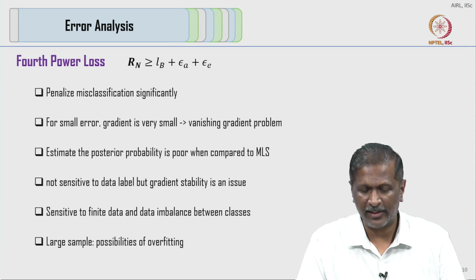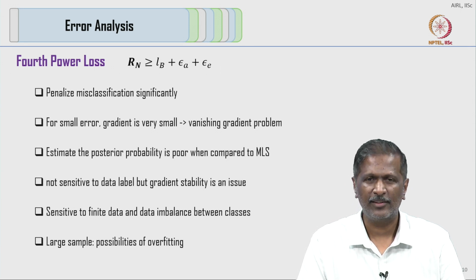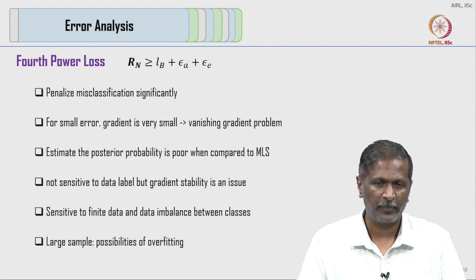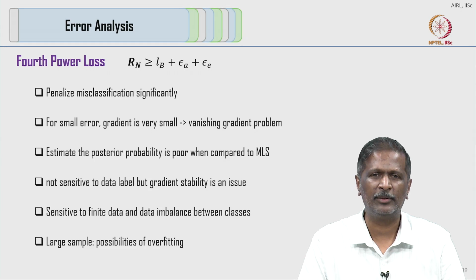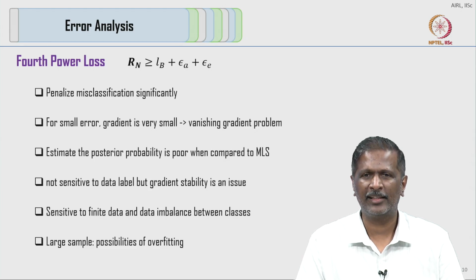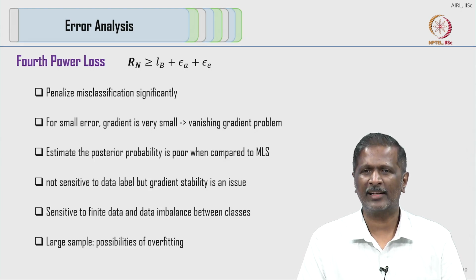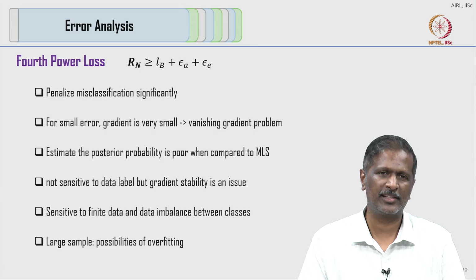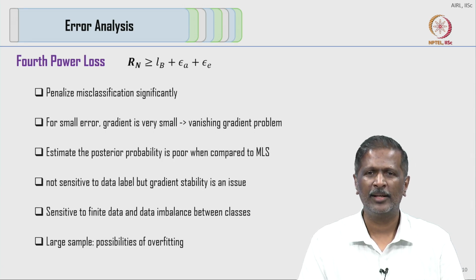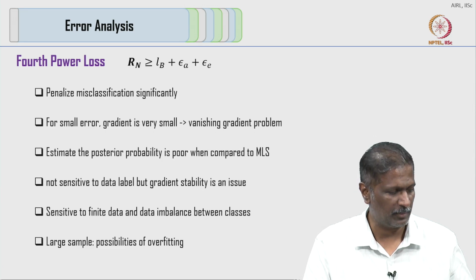Sensitivity to finite data and data imbalances are going to affect the performance of the network. Again, the overfitting problem will be there. You may have to add a momentum term or other factors we talked about in the previous lectures. One may have to consider these to get a better generalization performance.